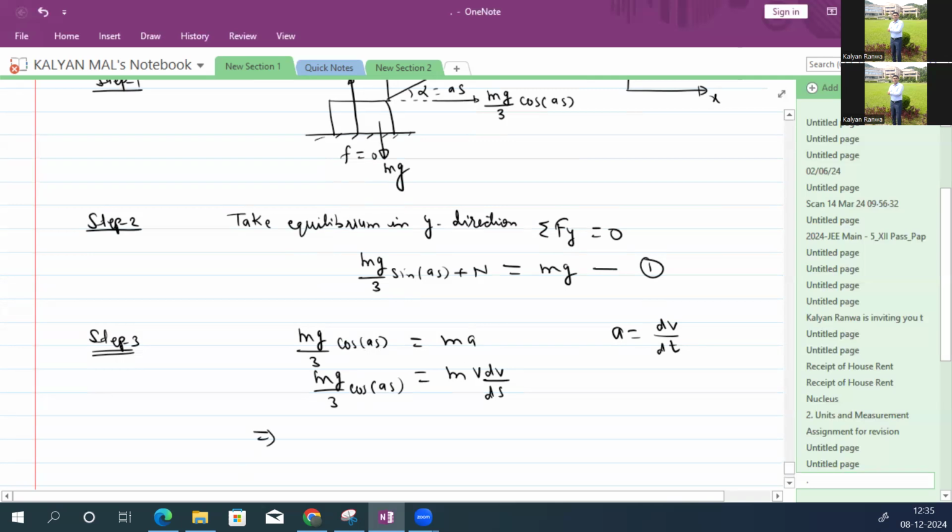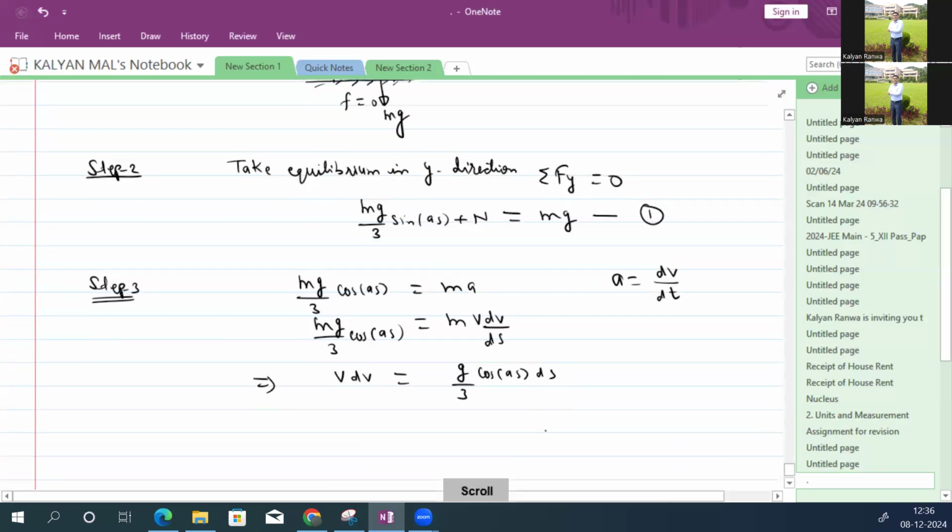Further, we will simplify this equation. So m cancels out from both sides. So we can write v dv equal to g by 3 cos as ds.